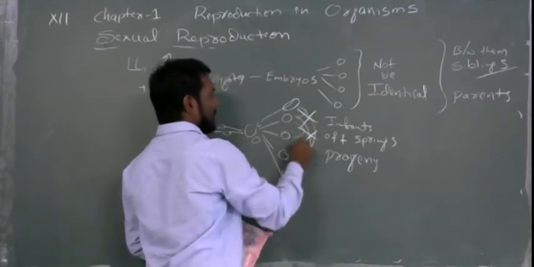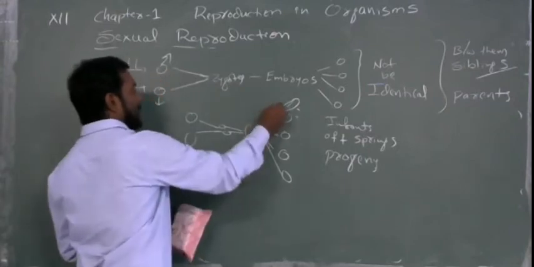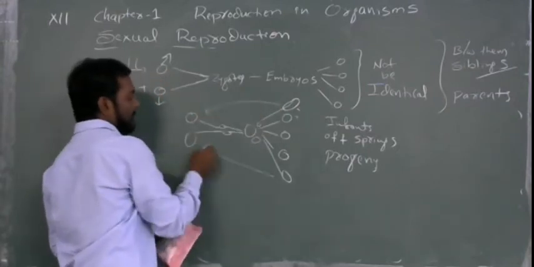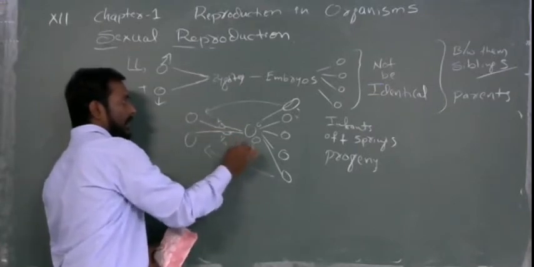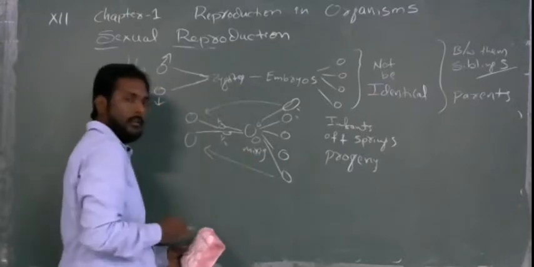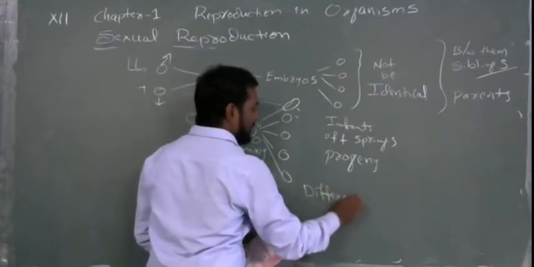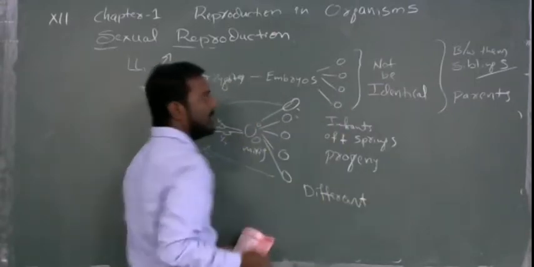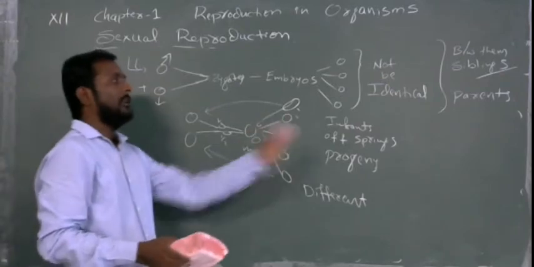They will not look similar, they are all different, and even they will not look the same as the parents, because here the information is coming half and it is mixing, and it will give different results. They will not be the same between the infants or offspring, nor similar to the parents.